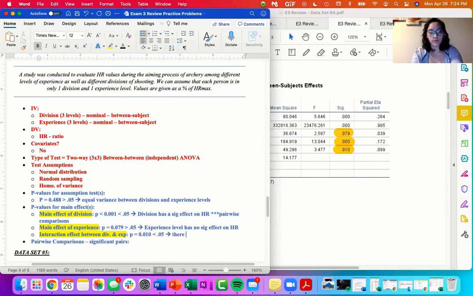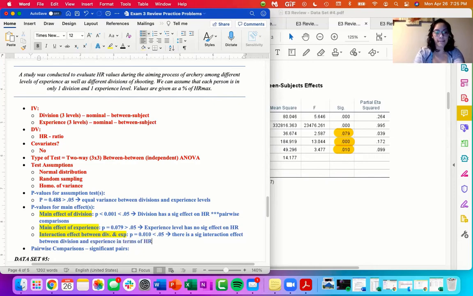So there is a significant interaction effect between division and experience in terms of heart rate, which means we would also want to look at pairwise comparisons. If you were running this test, that would mean you need to change the syntax.